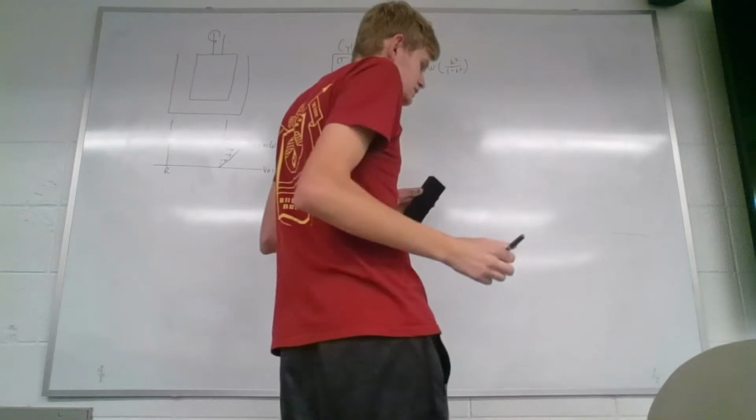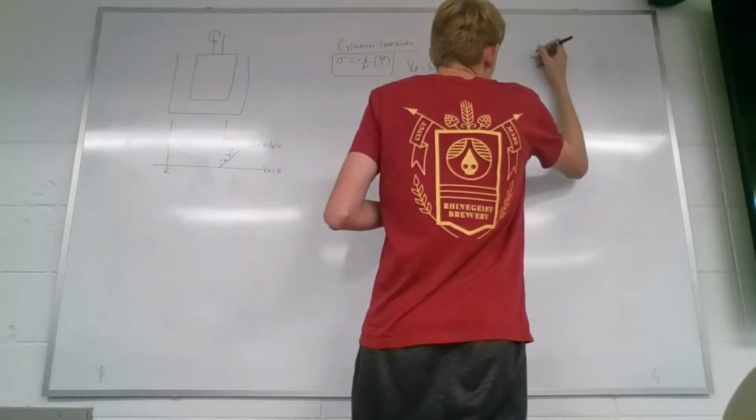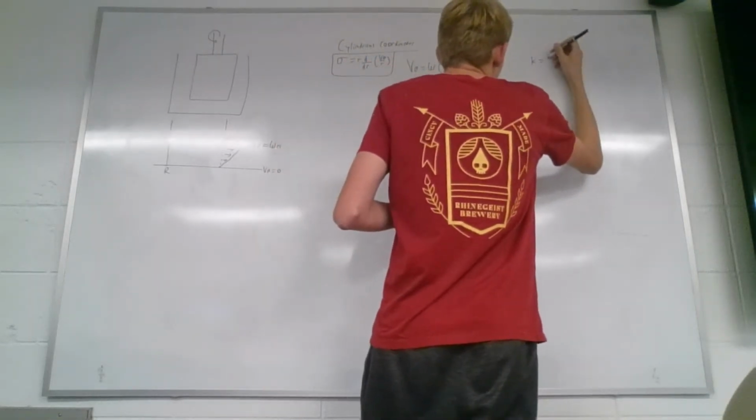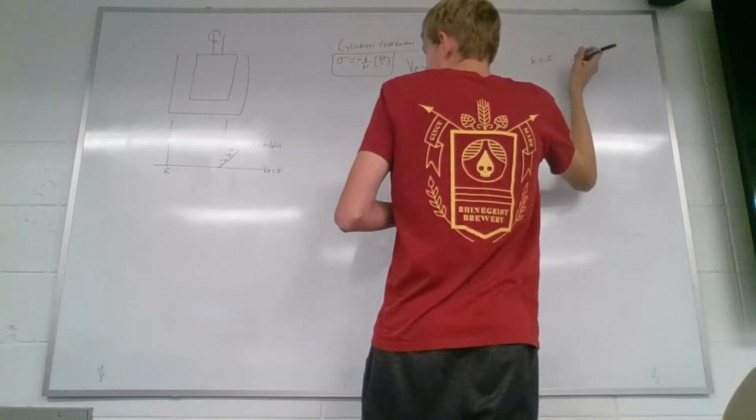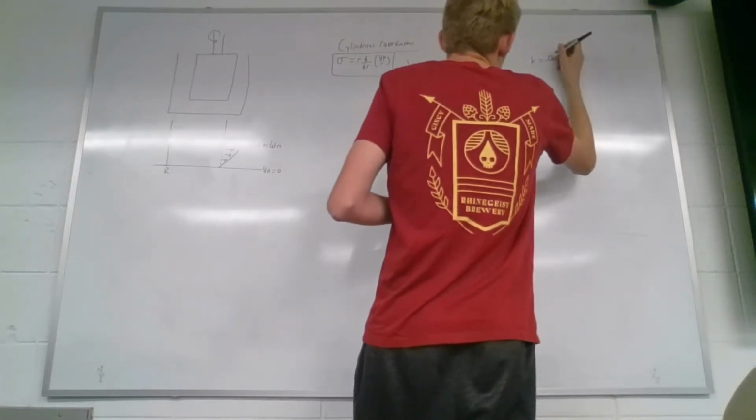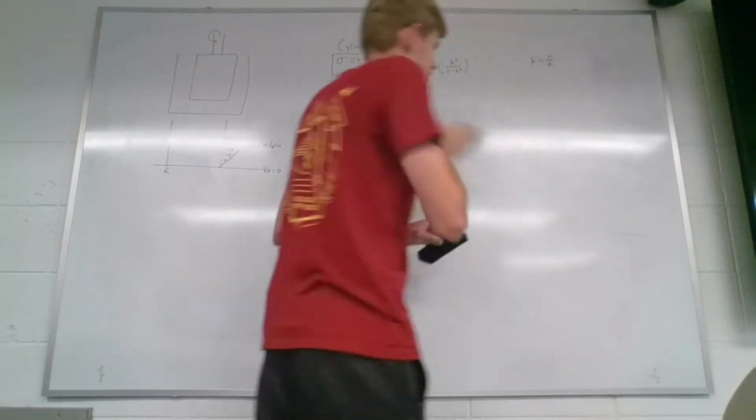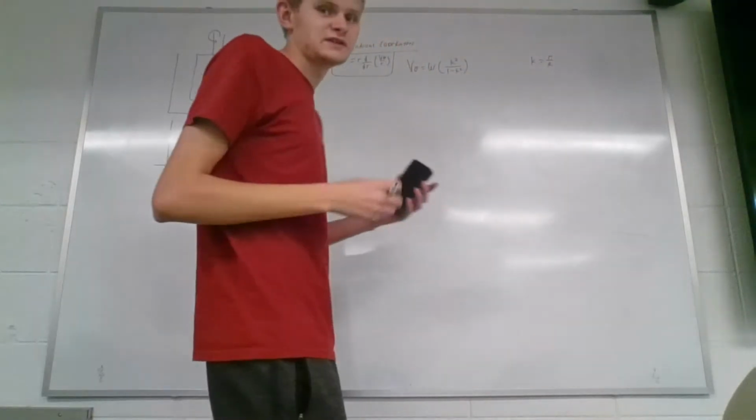And k, just for your information, is the ratio between the inner radius and the outer radius.